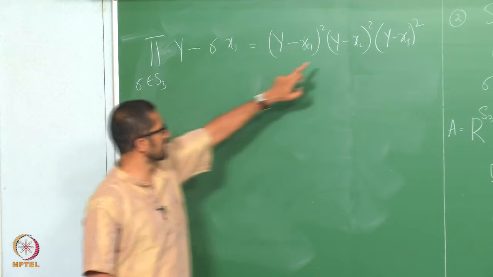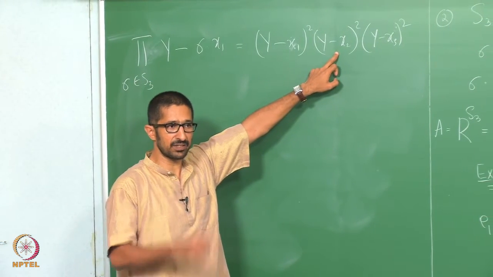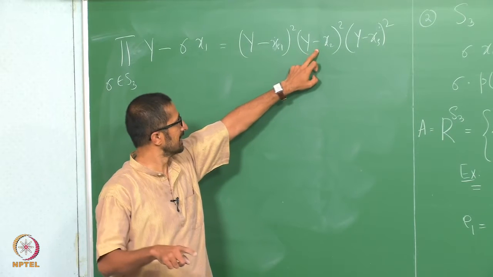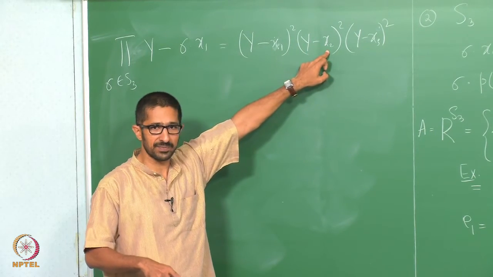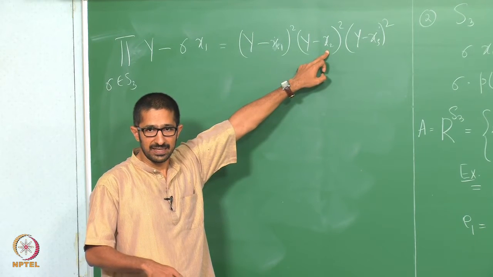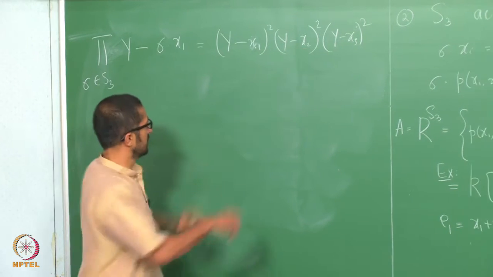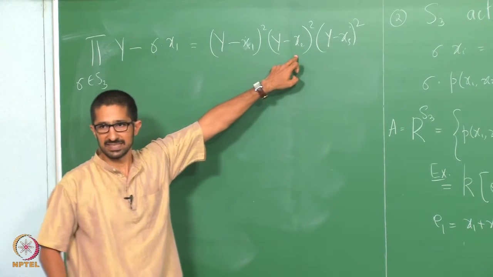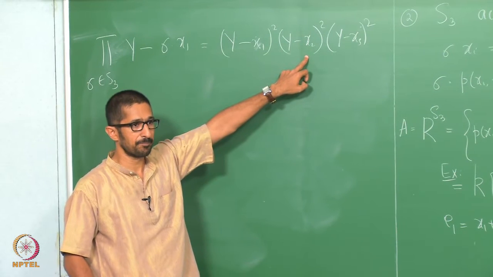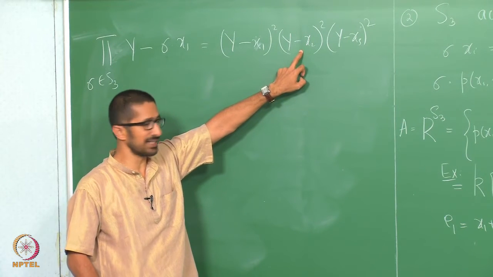Now if I take (1 2 3), sigma of x1 will be x2, okay. And the transposition (1 2) will also give me y minus x2.